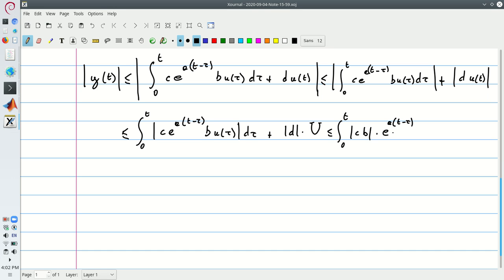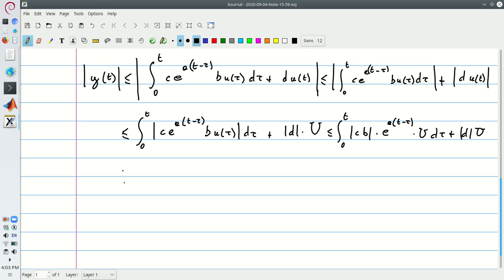The exponential of a(t minus tau) is always positive, times the absolute value of u of tau, which, for the same reason that we mentioned before, can be upper bounded by capital U. So this is d tau plus the absolute value of d, times capital U.